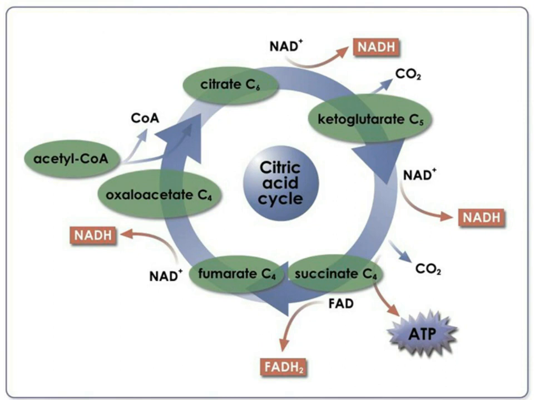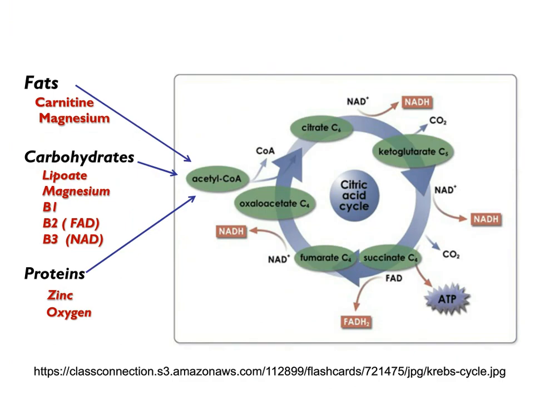This is critically important, that we have the ability to make NADH, because the NADH is what feeds into the electron transport chain. So as a summary here, these fats, carbohydrates, and proteins, if there are sufficient cofactors, will feed the acetyl coenzyme A into the citric acid cycle in order to have energy coming out the other side.